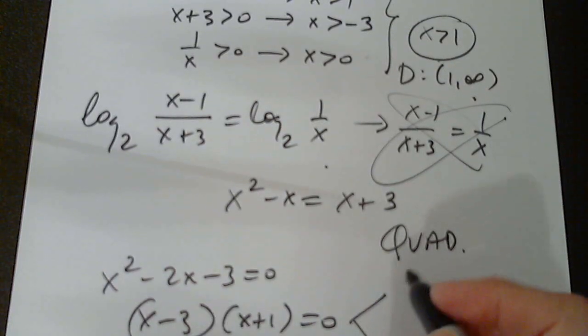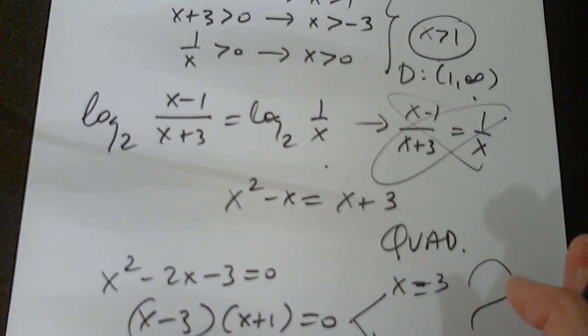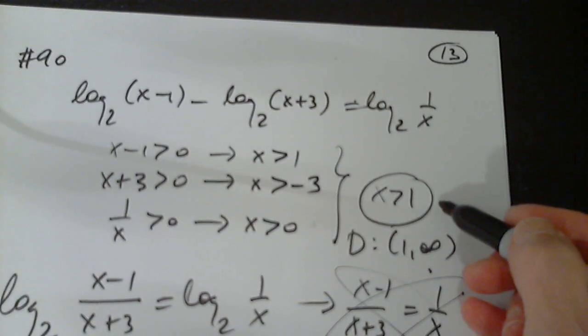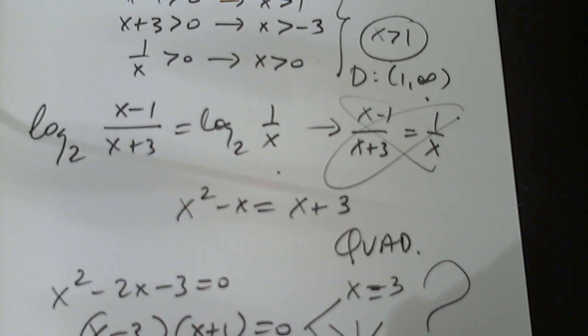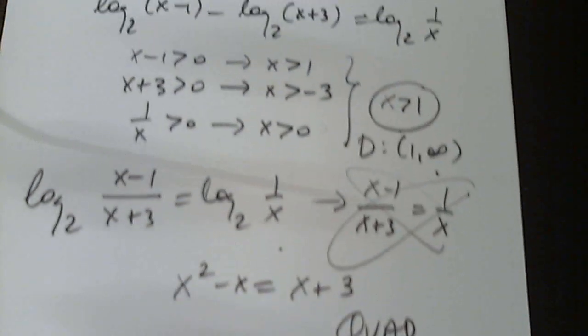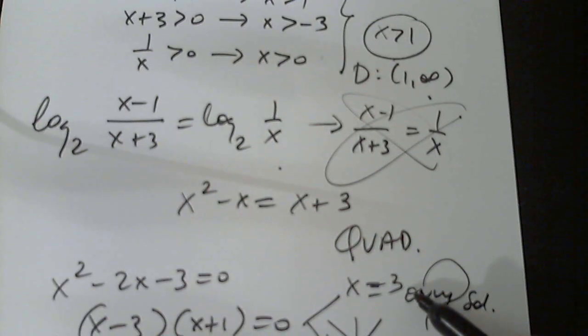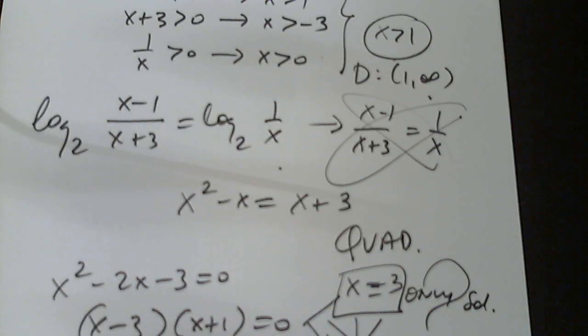I have from here that x is 3, and I have from here that x is -1. Wait a minute. Only one solution: only x equals 3, because it's a number greater than 1.